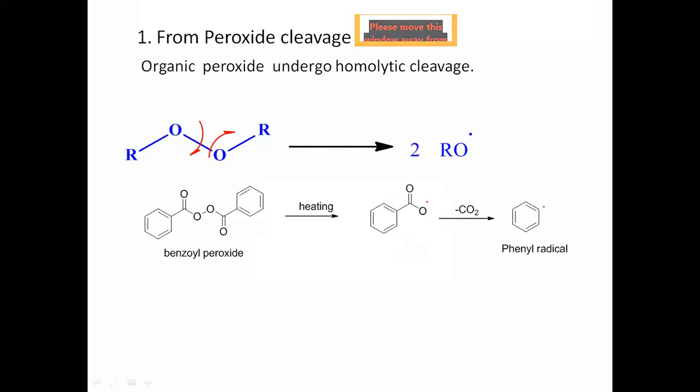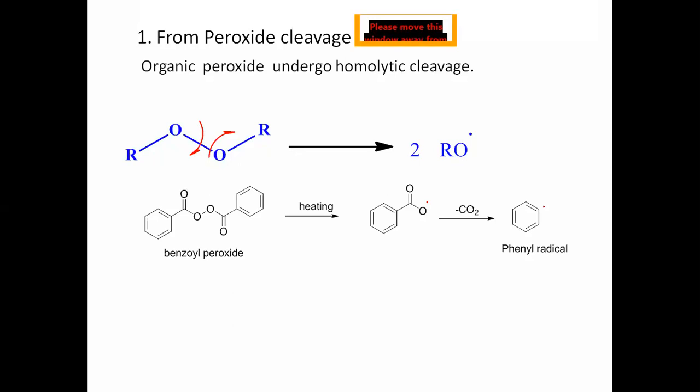Benzoyl peroxide is also called an initiator in many free radical reactions involving coupling reactions or combination reactions. It is widely used in polymer chemistry as a chain initiator.